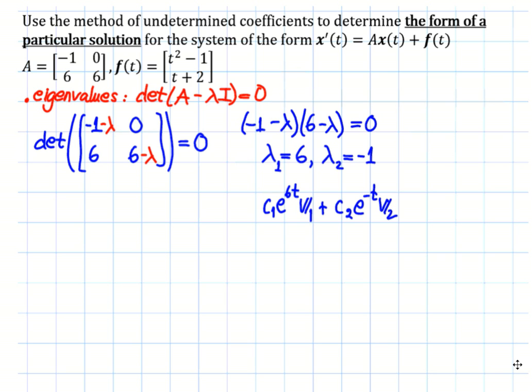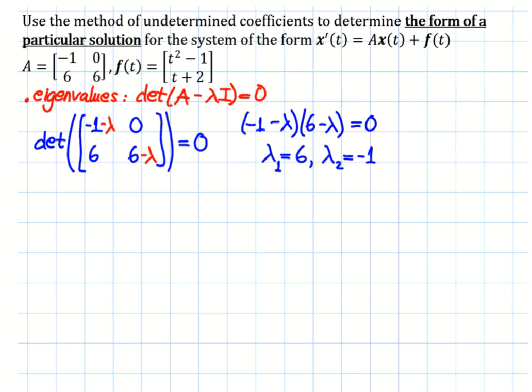Look at the form here, e to the 6t and e to negative t. That is not in the same form as the polynomial we have for this input function. So that's good. In this case, we just guess the solution directly from the problem, and the general, homogeneous solution does not affect our guess.